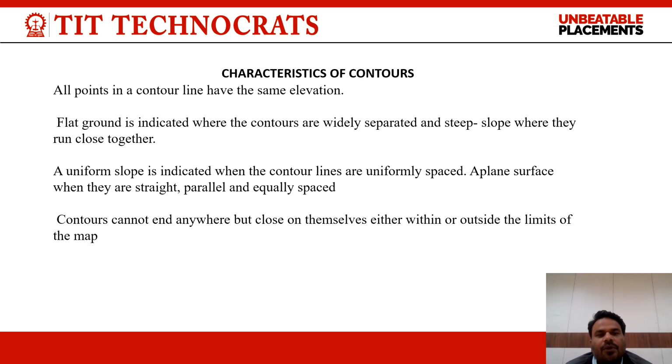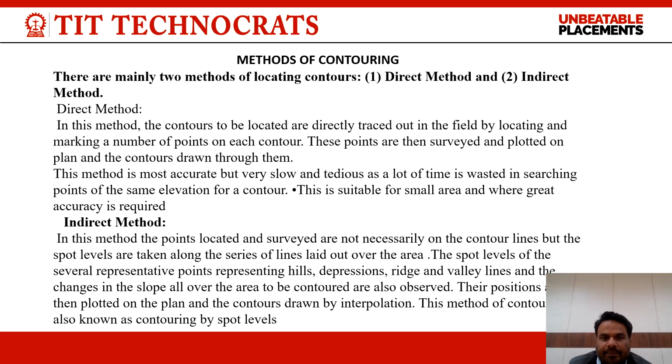A uniform slope is indicated when the contour lines are uniformly spaced. A plane surface when they are straight, parallel and equally spaced. Contour cannot end anywhere but must close on themselves, either within or outside the limit of the map.